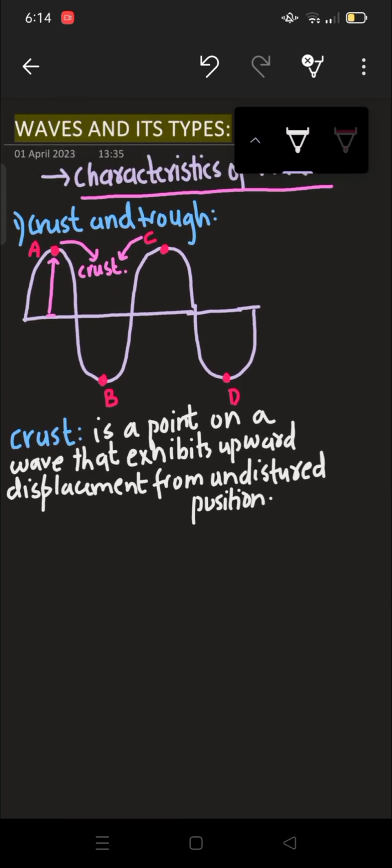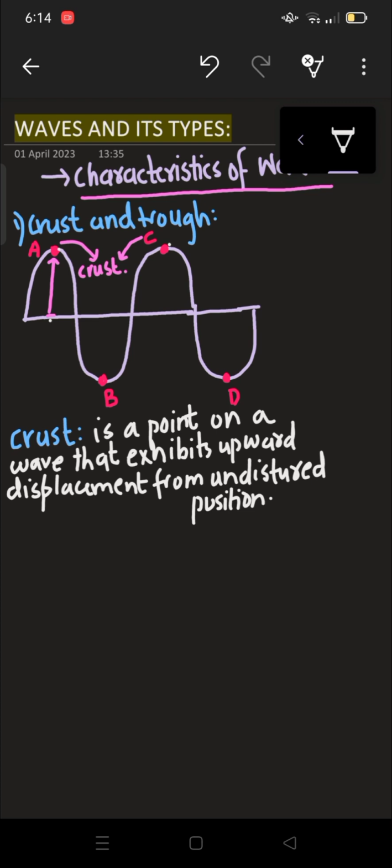All right, so as you can see the definition, it is a point on a wave, as we have made this point on the wave, that exhibits upward displacement. It is taking upward displacement from its undisturbed position. As you can see, here is the undisturbed position, and from there it is taking upward displacement.